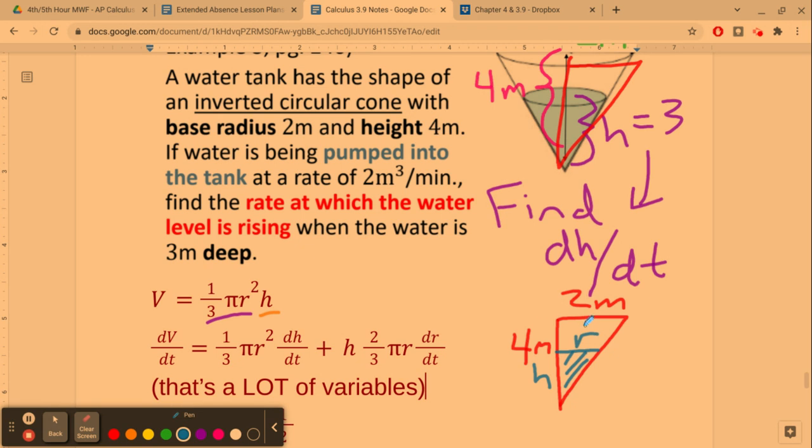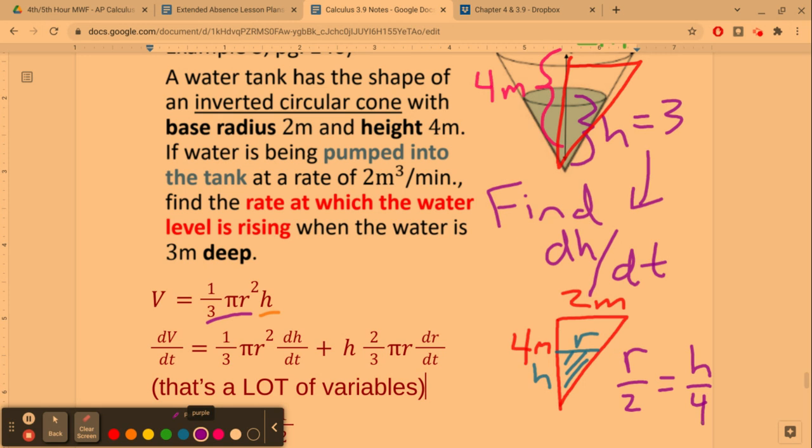We know that little is to big as little is to big. We know r is to 2 as h is to 4, right? Now, that's one way of writing it.